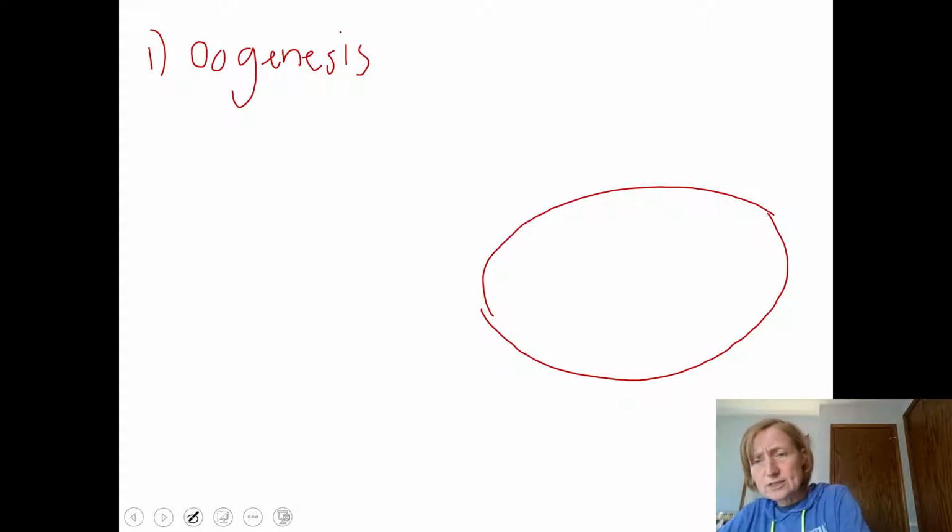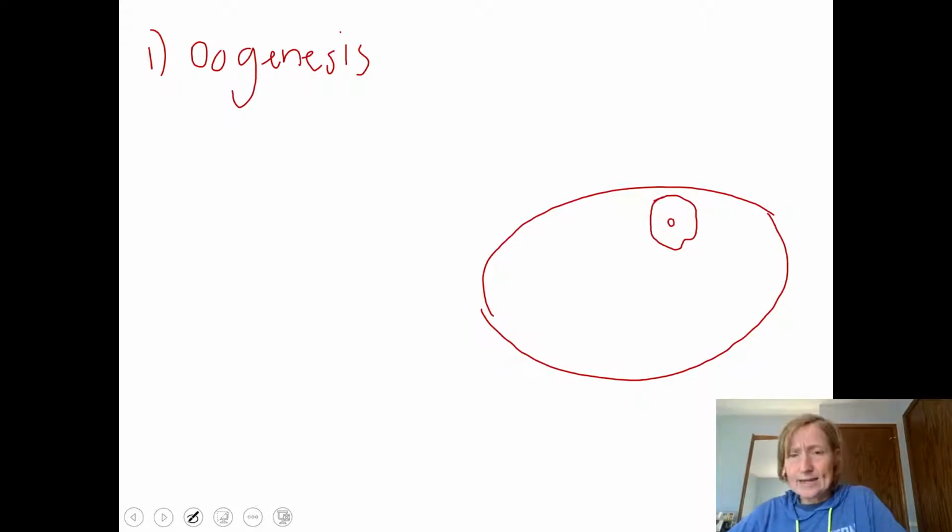So a follicle is like an immature egg cell with a bunch of other cells around it, okay? And there are lots of these, hundreds of thousands of these follicles in an ovary. They were there since the female was born. They grew and started developing before the baby girl was even born.